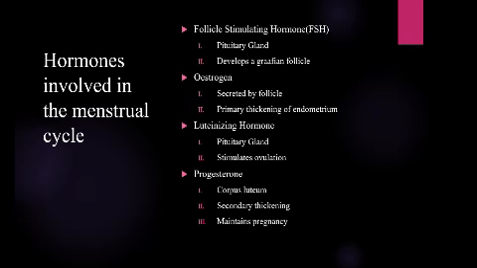Right. Now, let us look at the hormones that are involved in the menstrual cycle. We firstly have your follicle stimulating hormone, which is secreted by the pituitary gland. I hope you still remember it. That is part of your endocrine system. So, the FSH, what's the purpose of FSH? It helps in the development of a Graafian follicle, and that Graafian follicle will later be used to do what?